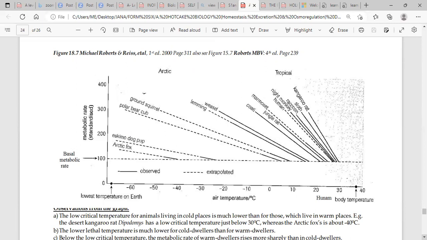You are looking at the air temperature, the lowest temperature on the earth, air temperature, then human body temperature. You also look at the basal metabolic rate, then the standardized metabolic rate.